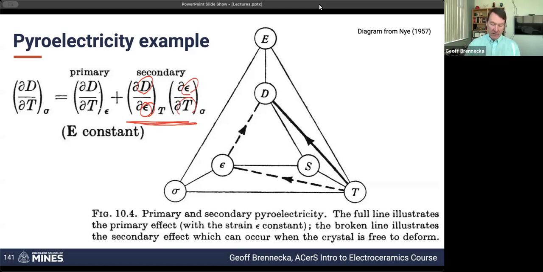So that means that you've got these two contributions. So you change in strain with temperature, that's thermal expansion. And then the change in strain with polarization, that is a type of piezoelectricity. So not the D coefficients that we've been talking about, but it's an E coefficient, which is directly linking strain and polarization.